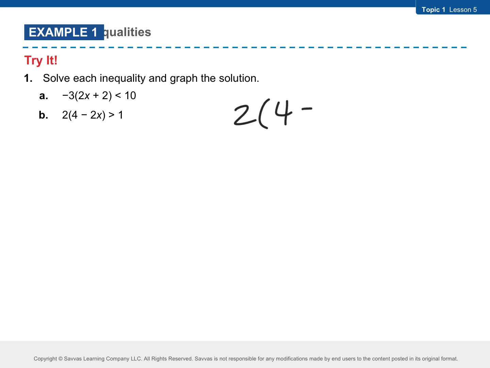2 times the quantity 4 minus 2x is greater than 1. So the main rule to remember with inequalities, everything with solving an inequality is just like an equation.